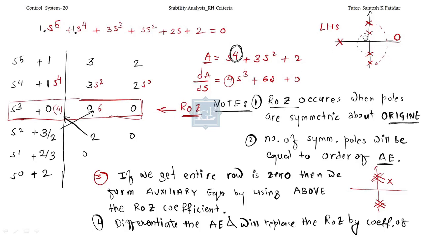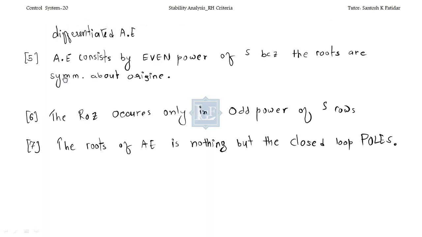You can consider 2 over here, 2 over here. Now what about the remaining one? We can't frame the symmetry with an odd power. That's why we always get the auxiliary equation in even powers of S. So the point is, the auxiliary equation consists of even powers of S because the roots are symmetric about the origin. Symmetric means you need 2 or 4 or 6 or 8.